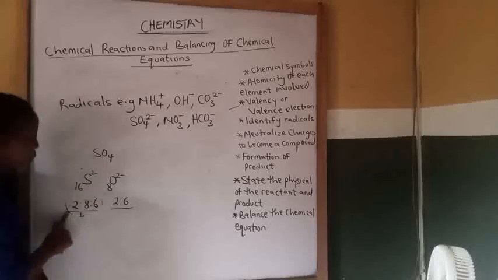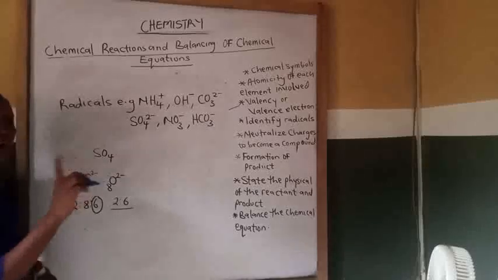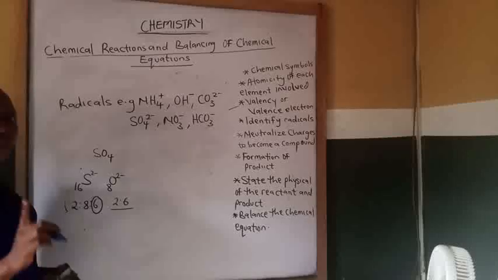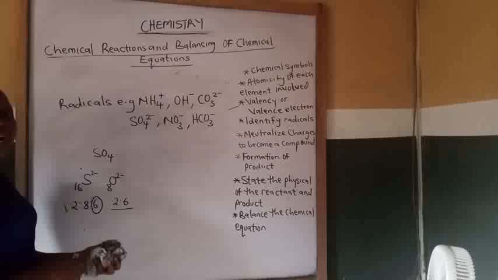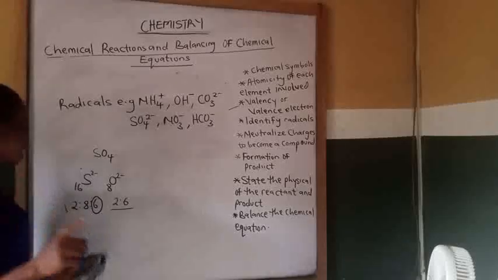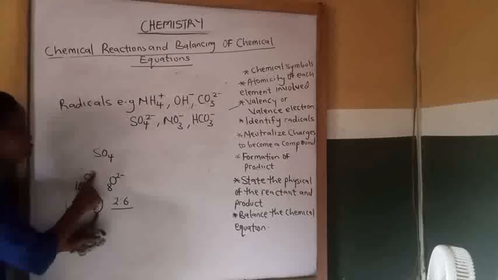Don't forget that for the positively charged ion, we always use the number of electrons at the outermost shell. The number of electrons at the outermost shell of sulfur is 6, so when we assume that it is positive, it will be +6.